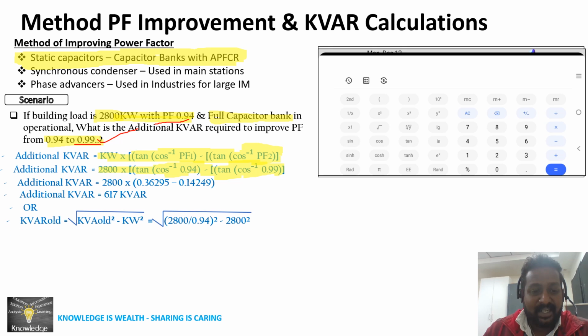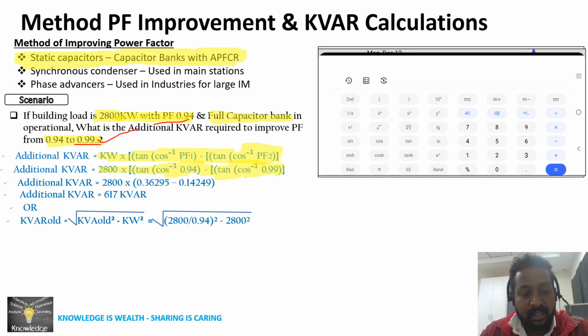If we convert that for kVAR, then kVAR square is equal to kVA square minus kilowatt square.